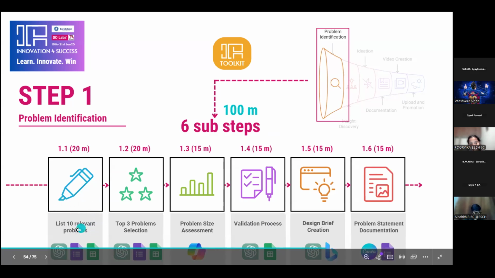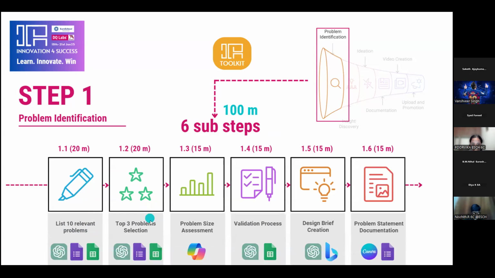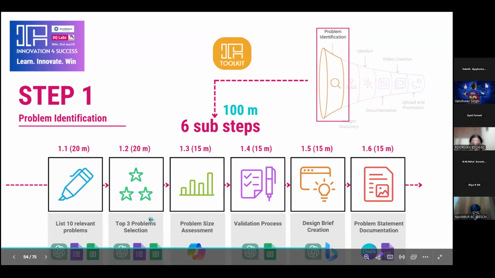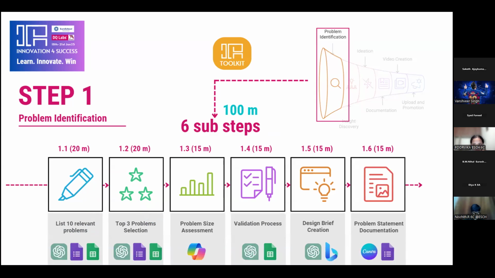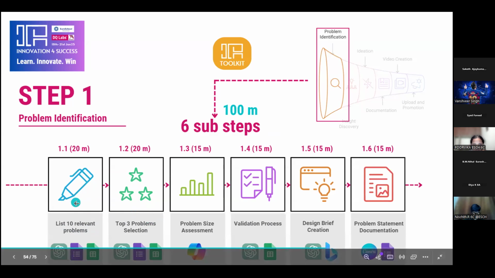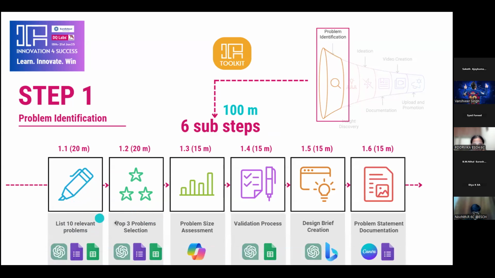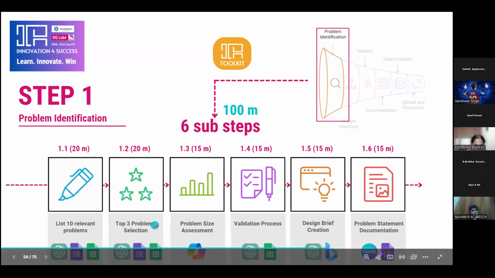So once you get 10 relevant problems, you'll be asked to shortlist and choose the top 3 most relevant problems according to you. For example, if you have thought of problems related to air pollution, water pollution, and farming, then you'll have to think about how you can shortlist and choose the best problem that you can solve. Again, you'll be given some ChatGPT prompts that will help you shortlist these problems based on certain parameters.